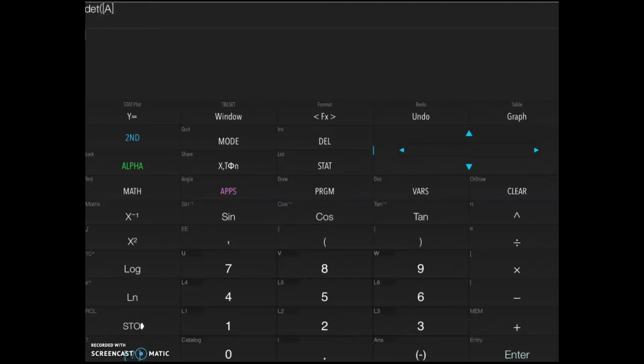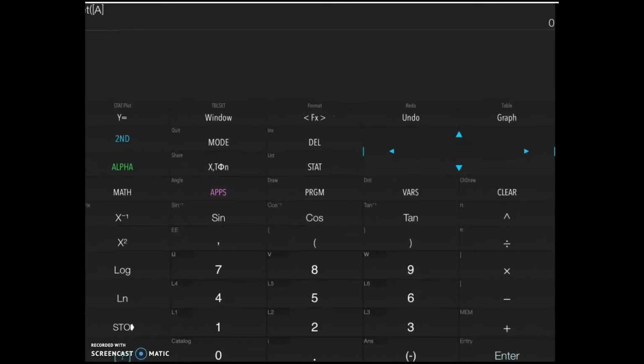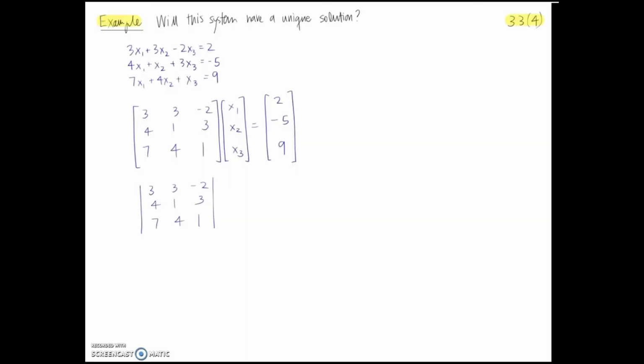And okay, the determinant of that matrix ended up being 0. Okay, so the determinant of that coefficient matrix is 0, so there is no unique solution.